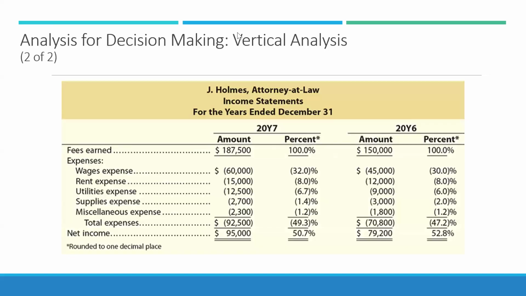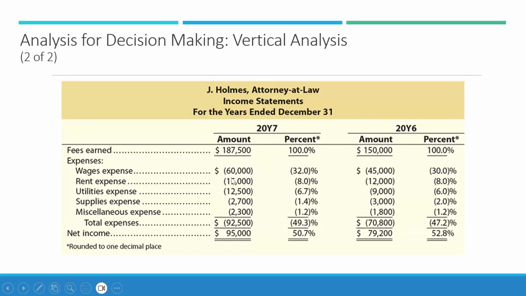So here you see one company. We show in 2027 our income statement, our revenues and our expenses. And in 2026, our revenues and our expenses. The fees earned is the denominator.